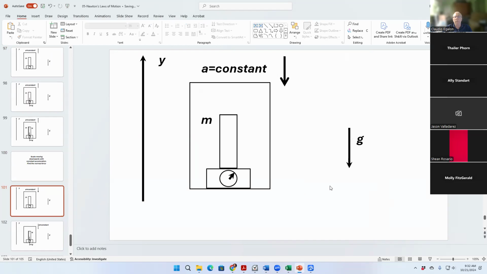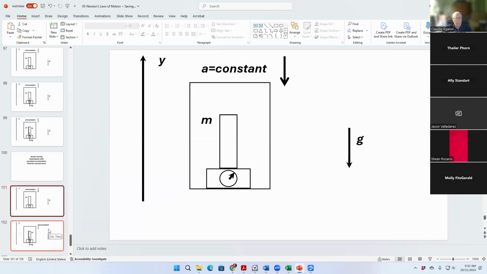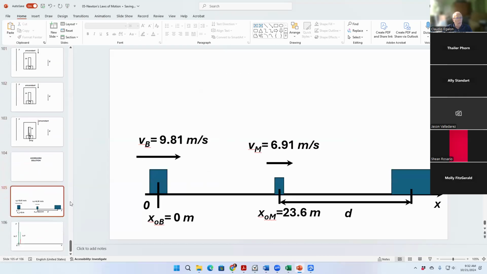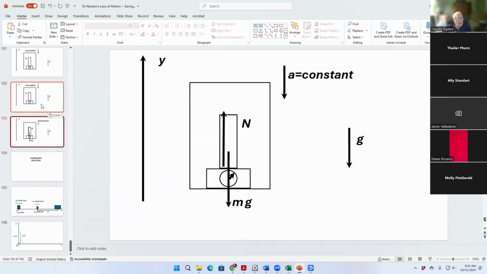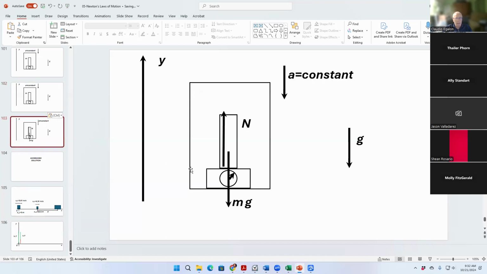And there are only two forces again. You start with the mg, the first force that we will identify.